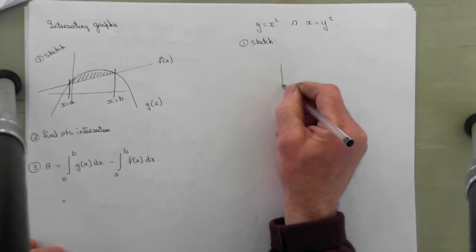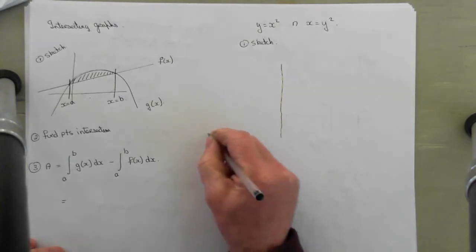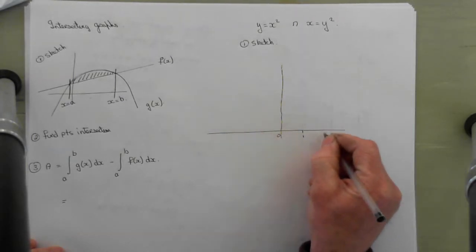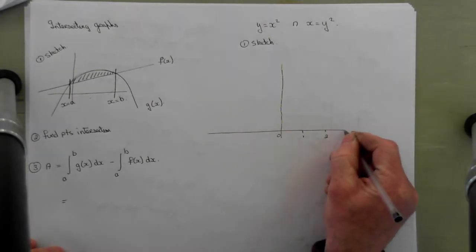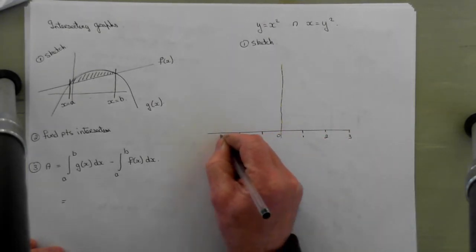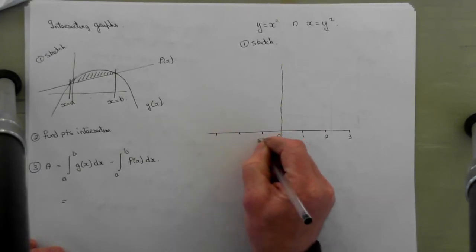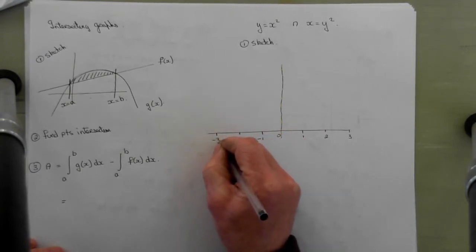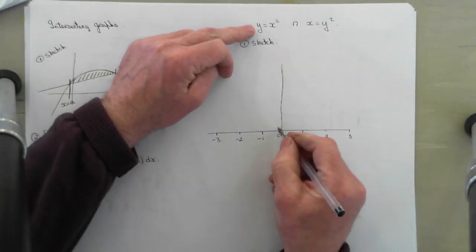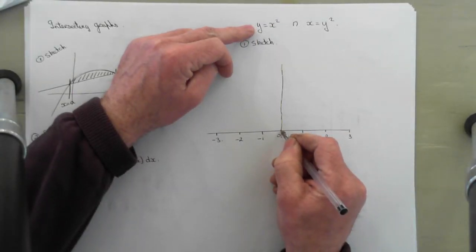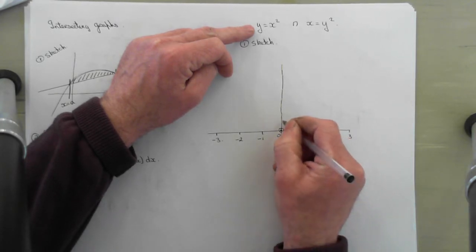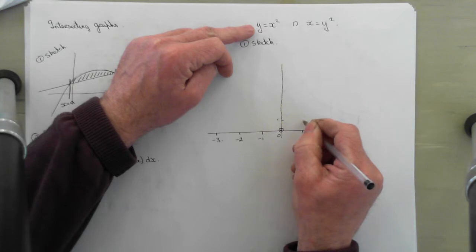Y equal to x squared. If you remember that graph, x is 0, 1, 2, 3, minus 1, minus 2, minus 3. When x is 0, what's y? 0. When x is 1, what's y? 1.